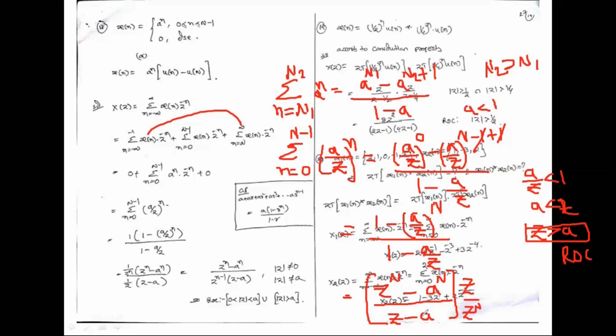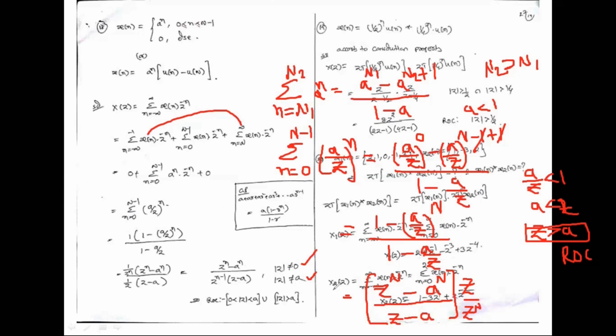And z minus a. Suppose in this function z is not equal to 0, because z equal to 0 means definitely it becomes infinite. And z is not equal to a also, because z equal to 0 means the denominator having z, definitely the total function becomes infinite, unbounded.